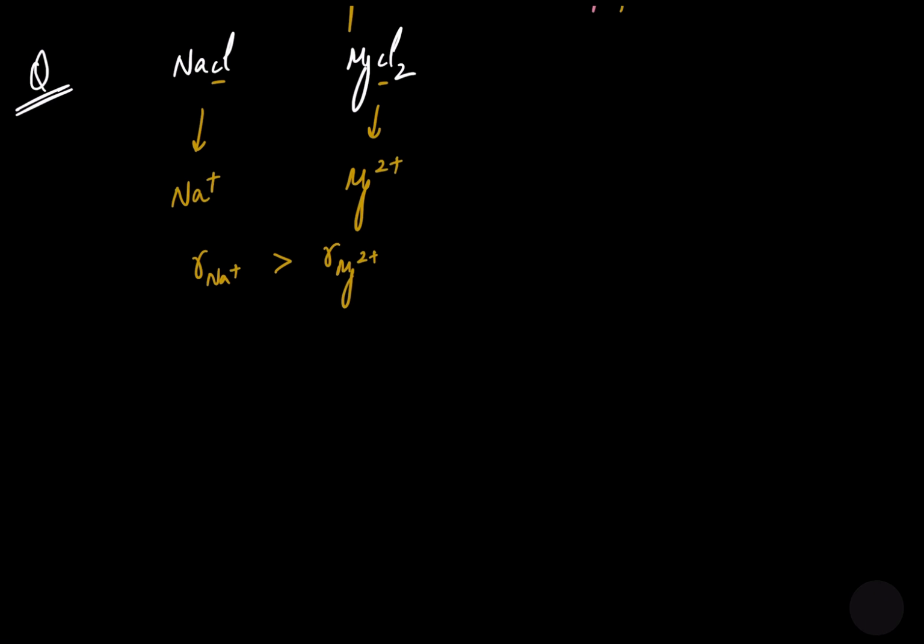So what will be the charge density? Here, the charge density phi comes out to be the charge 1+ divided by the radius of Na+, and here the charge density comes out to be 2+ divided by the radius of Mg2+, which confirms that the charge density of Mg2+ is much greater than Na+.